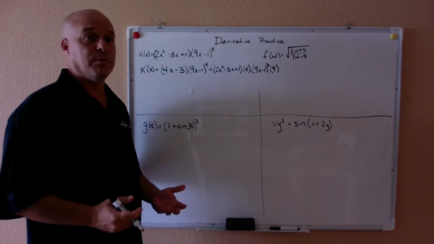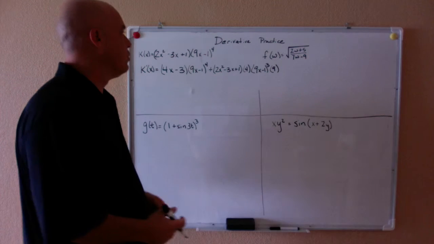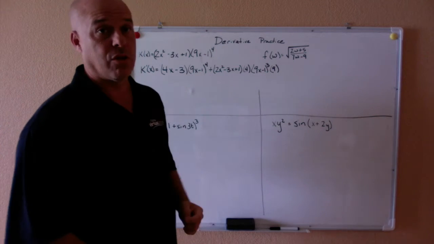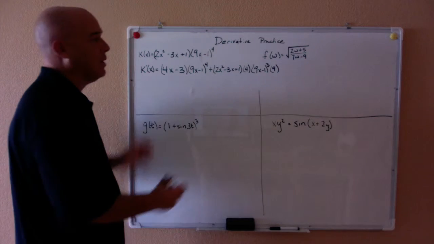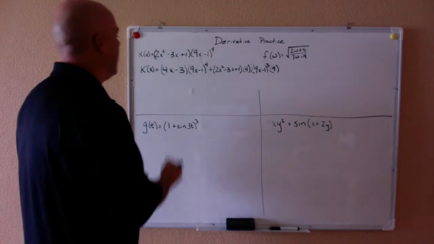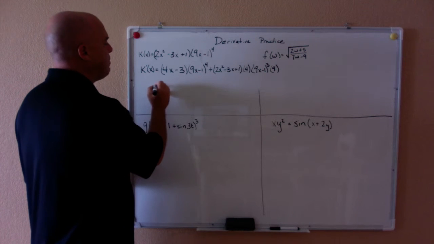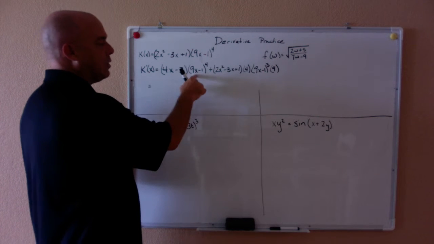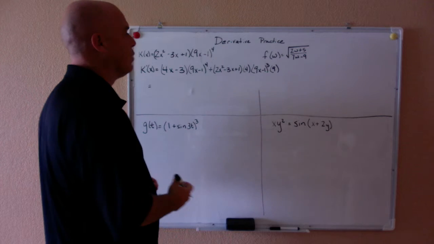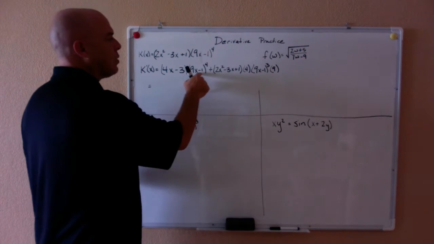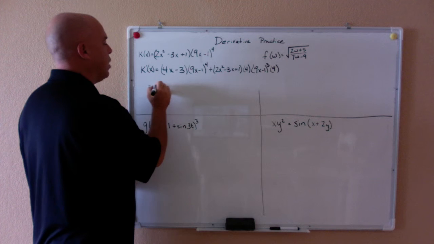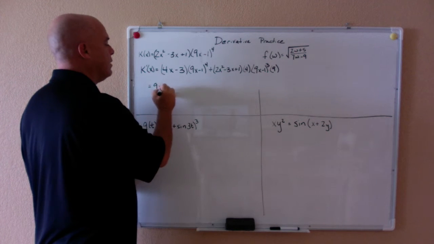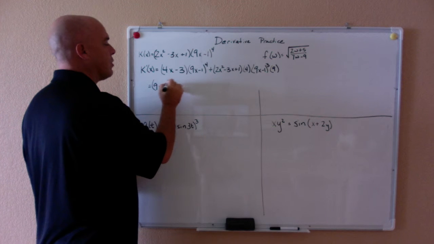Now I can do some manipulation, kind of simplify this a little bit if I want to. Both of them have a 9x minus 1 at least to the 3rd power, so I could factor that piece out, and then I could maybe combine some terms. I'm not going to worry about expanding that 4th degree polynomial. But I think I will go ahead and factor out the 9x minus 1 cubed. So that's going to leave me with 9x minus 1 to the 3rd power.